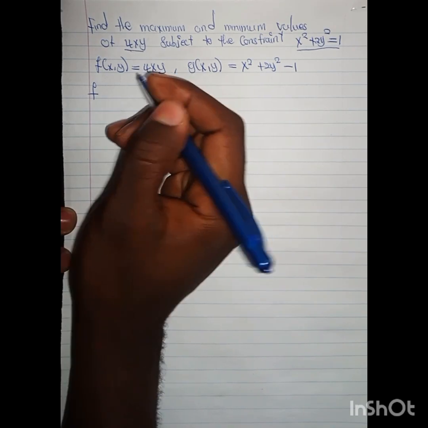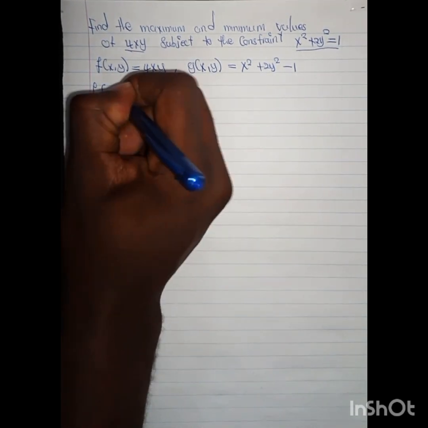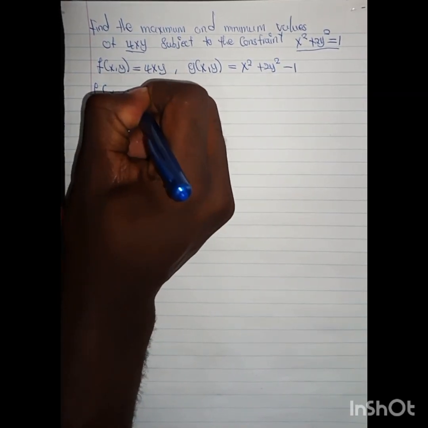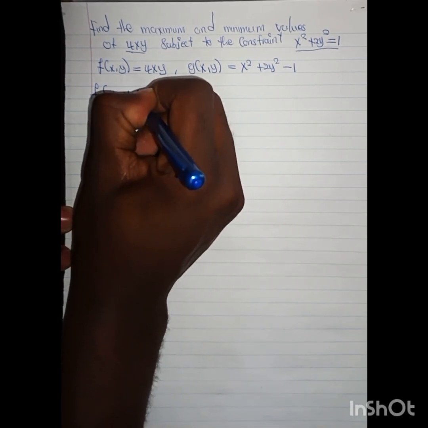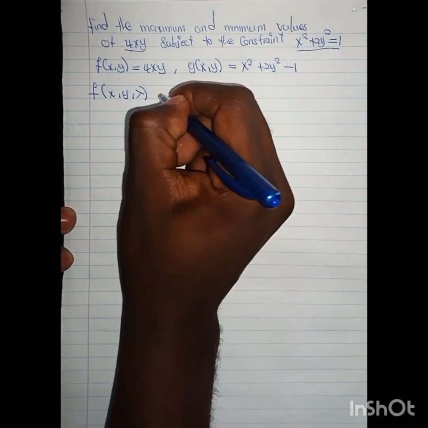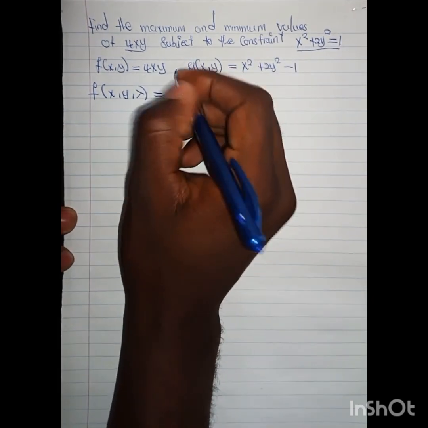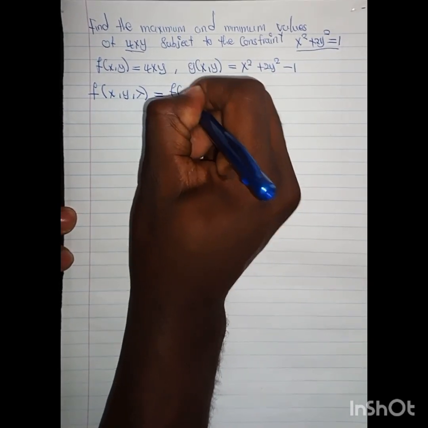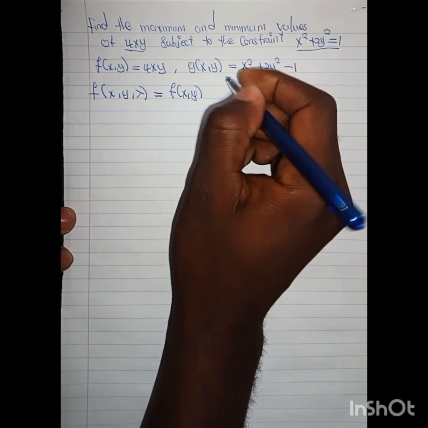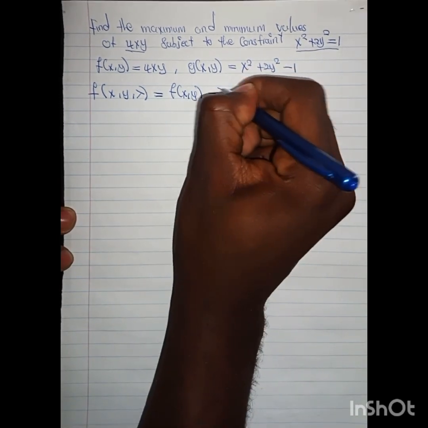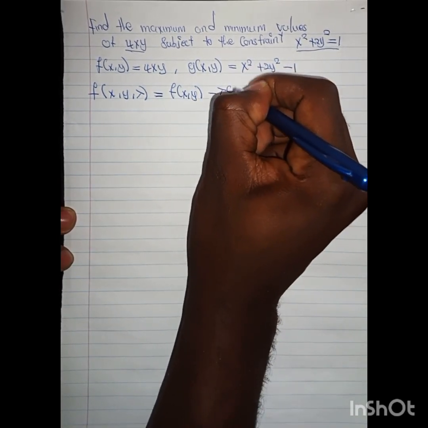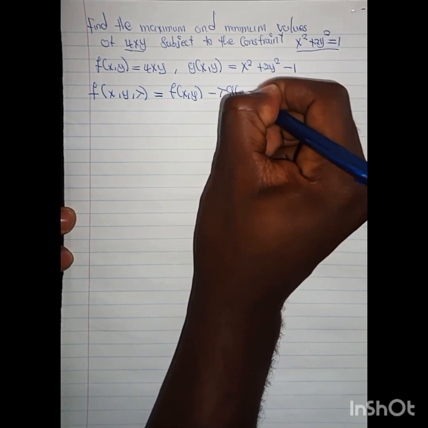So we'll have the following system: x, y, and the third variable, let us call it lambda. So this equation is nothing but the equation of f of x minus lambda multiplied by the constraint.